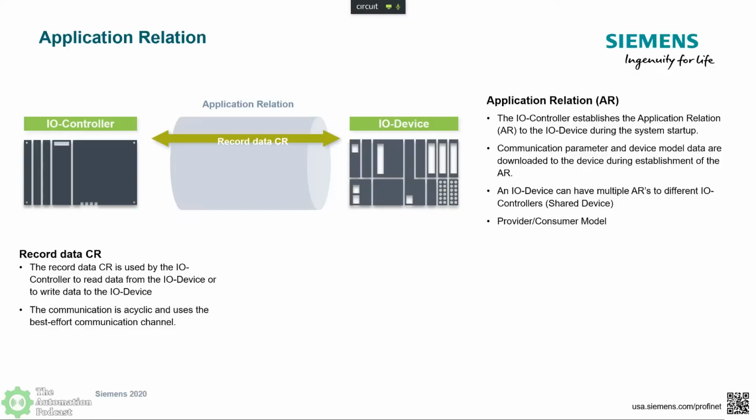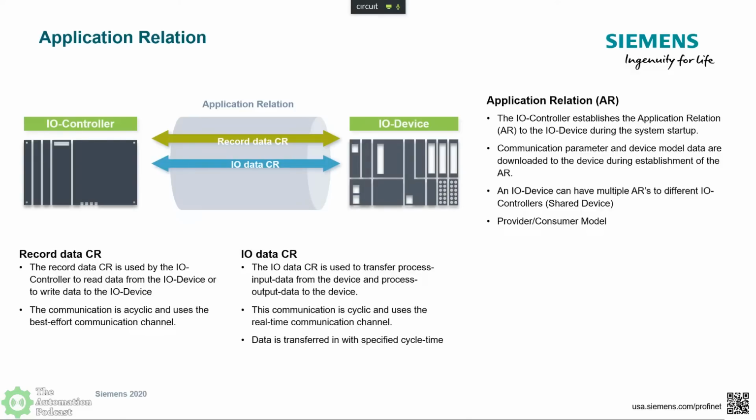The record data communication relation is an acyclic service and it uses the best effort communication channel. So talking about communication channels, we're gonna pick that up later on. But for now, you should know it uses the best effort communication channel.